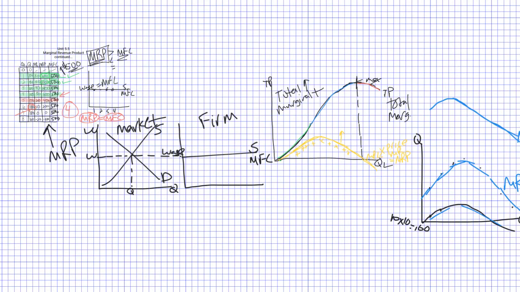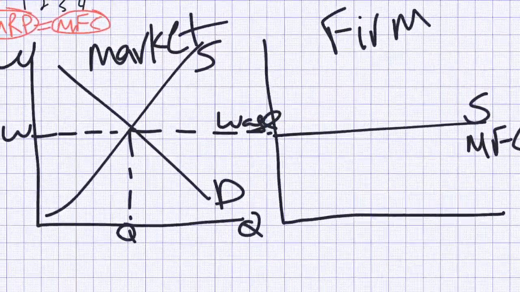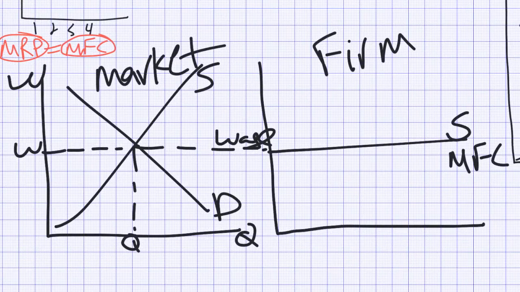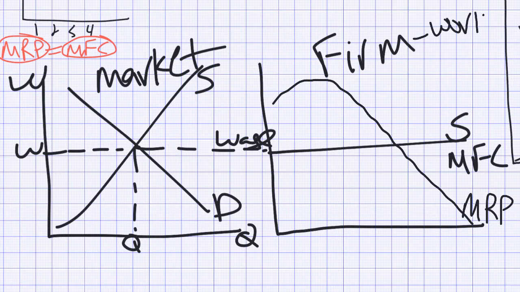So now if we go back and we add our MRP line to this, we will have our whole graph. So we're going to add our MRP line. And remember, our MRP line increases, starts to fall until it hits 0. So this is MRP. So now we can decide how many workers this firm should hire.